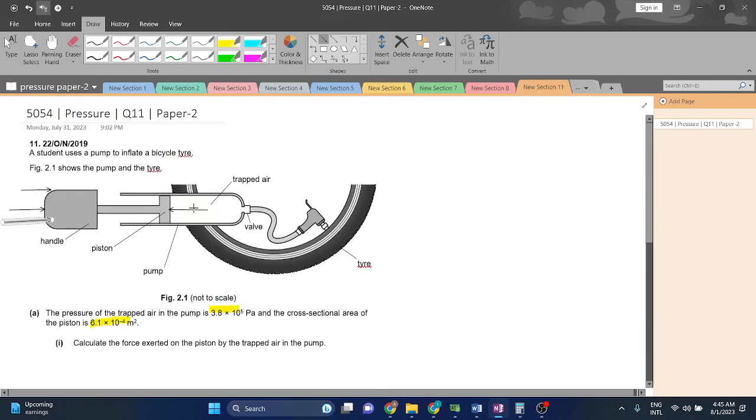Normally, when the student is applying less force and the air is applying more force, the air should push back the piston and the piston should move left.